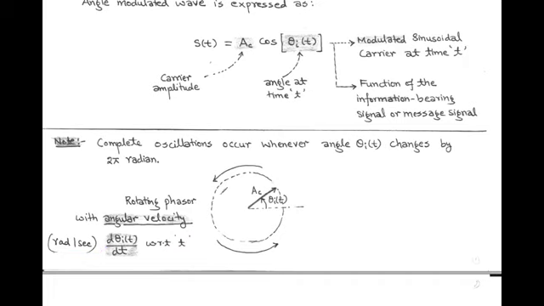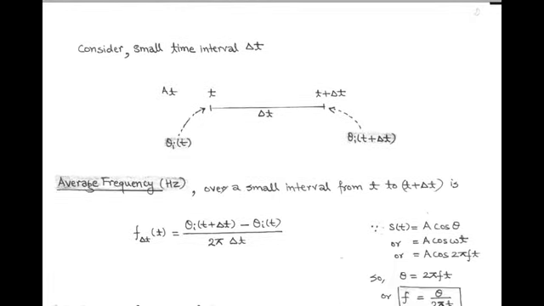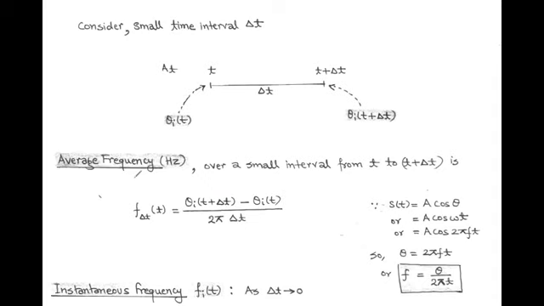Now we are going to discuss average frequency and instantaneous frequency, which can be obtained by using the instantaneous angle. For this, we consider a small time interval delta t. At time t, we consider angle theta_i of t, and at time t plus delta t, we consider angle theta_i of t plus delta t. And the difference is delta t, that is the small time interval.